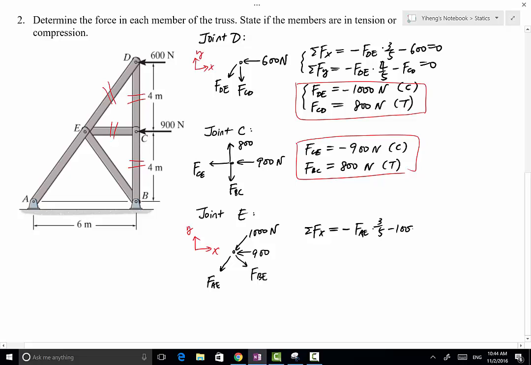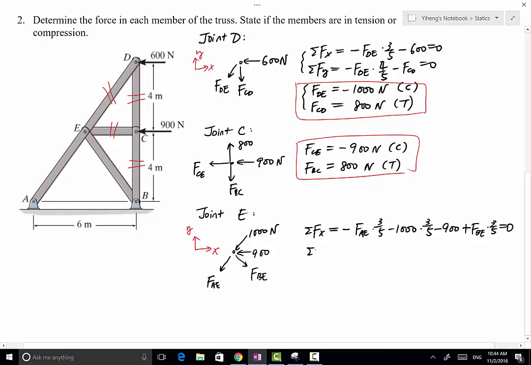The same thing with the 1,000 Newton force. And then along the negative X direction, we have the 900 force. And then we have FBE's component along the positive X direction, 3/5, and that equals 0.